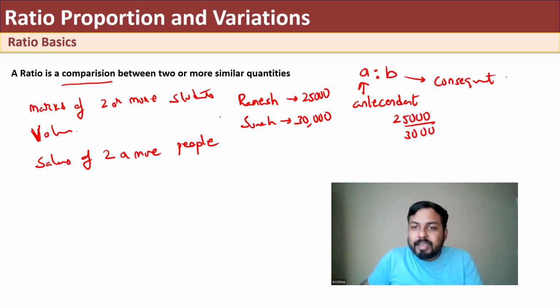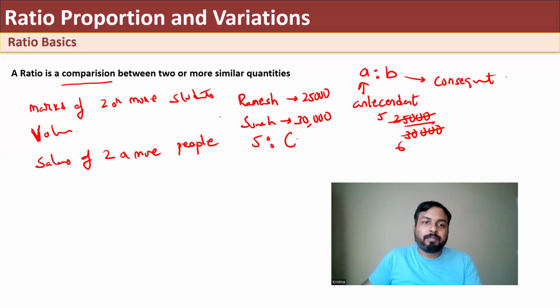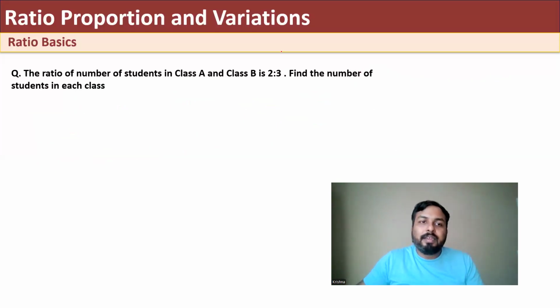So what will get cancelled out? These three zeros will get cancelled out. 5 5s are 25, 5 6s are 30. So the ratio of salaries of Ramesh and Suresh is 5 is to 6. Makes sense?